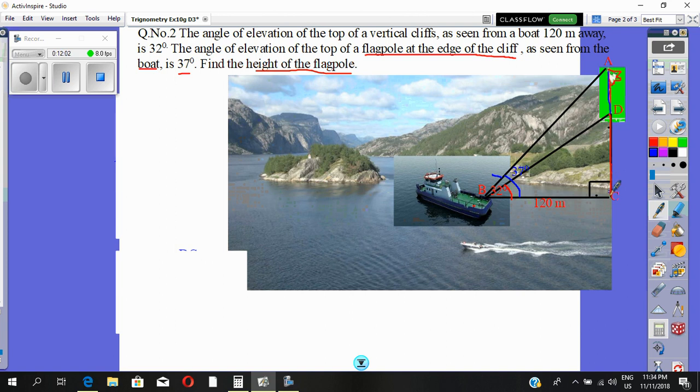Again we use tan theta, in triangle BCD, we use tan 32 to find DC. With triangle ACB, we use tan 37 to find AC, and we subtract DC from AC to get AD, which is the height of the flagpole.